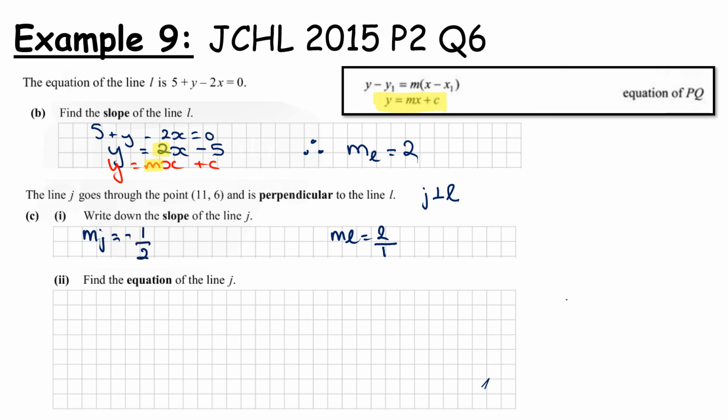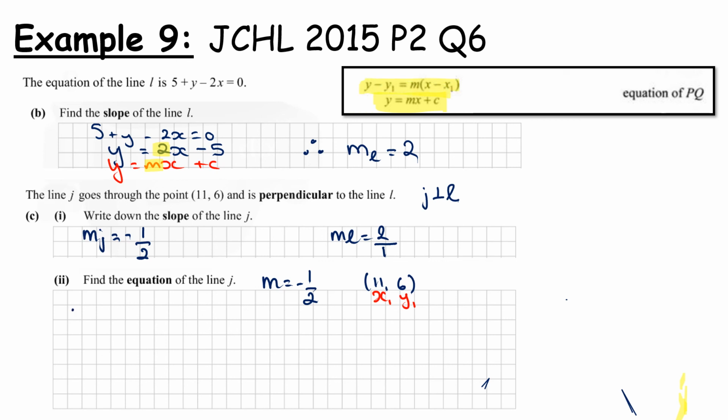So minus a half. Now we find the equation. So I have my slope, which is minus a half. I have my point, which is (11, 6). Remember labeling the point x1, y1. I then go and use my formula for building the equation, which is this top one here.